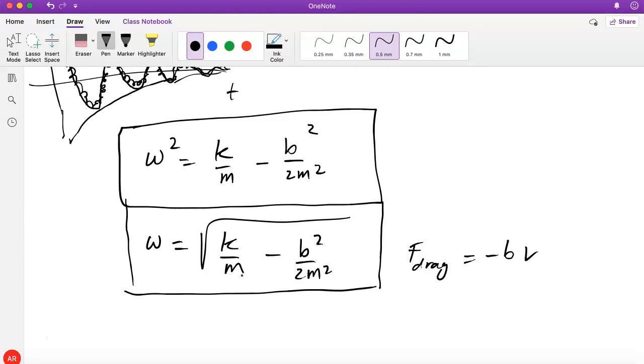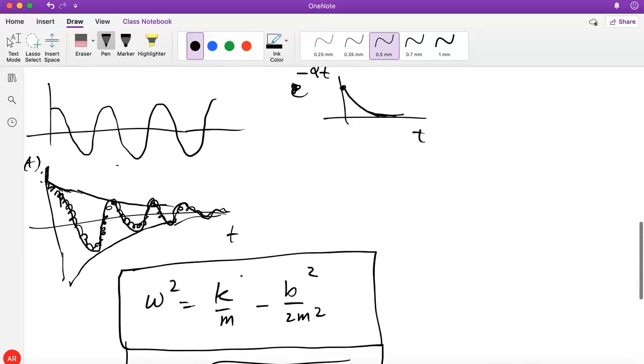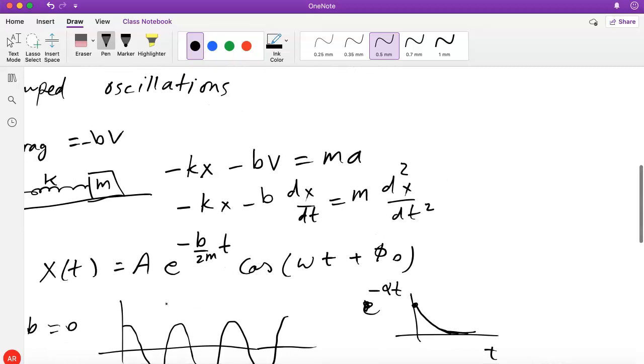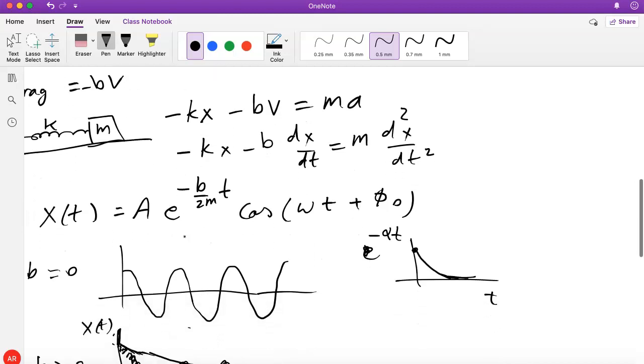So remember, in a simple harmonic motion, the energy had to do with amplitude squared, right? If you think about the potential energy, for example, it's 1/2 k x squared. So if the amplitude gets killed off by this exponential factor e to the minus b over 2m, the way the total energy in the system will decay will be that factor squared.